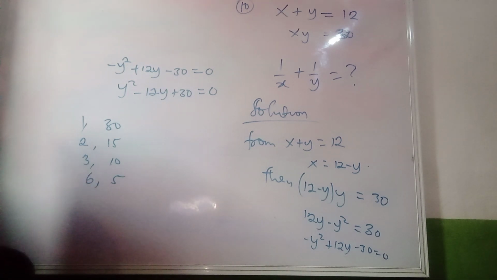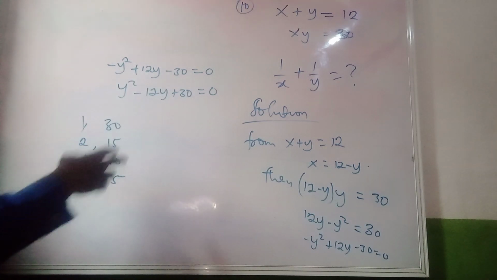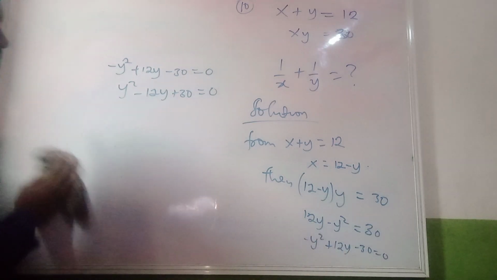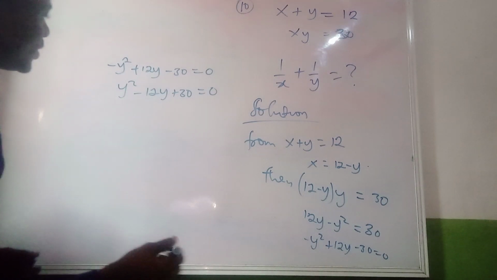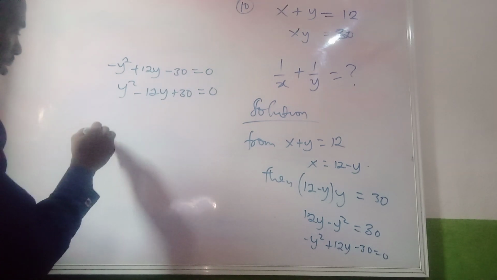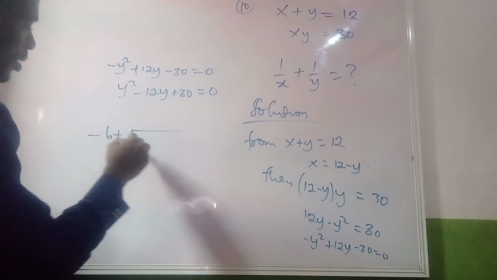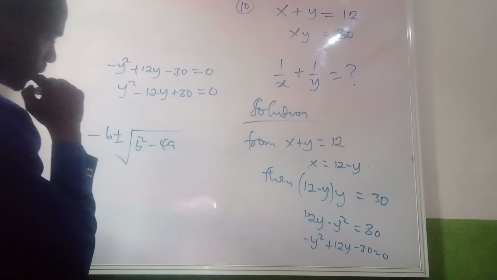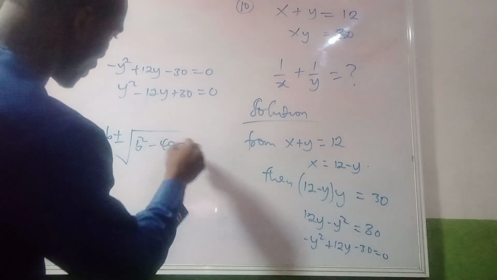So we can use another method to get the value of y. Since the factorization method seems not to be viable, we use another method. We have minus b plus or minus the square root of b squared minus 4ac.